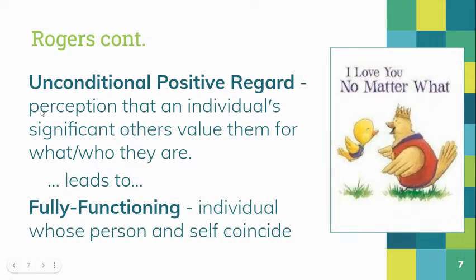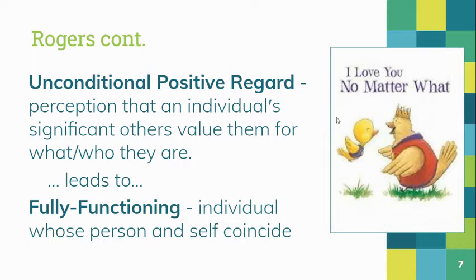On the other side of this is Rogers' concept of unconditional positive regard. So this is the perception that an individual's significant others value them for what or who they are. So, I found a cover of a children's book, I Love You No Matter What.